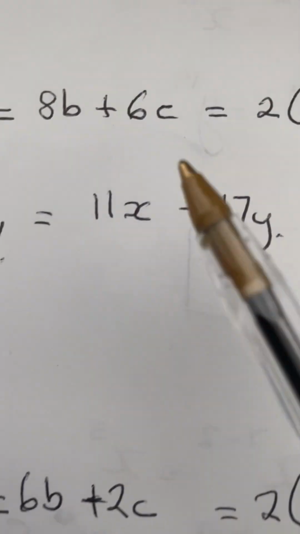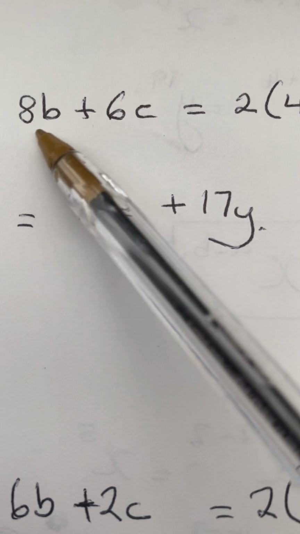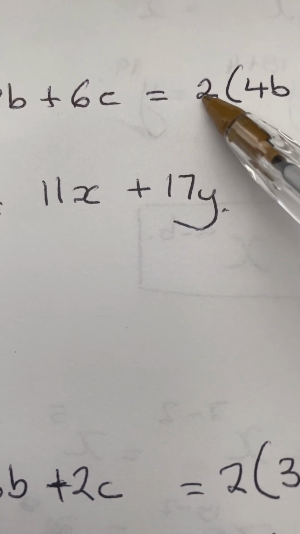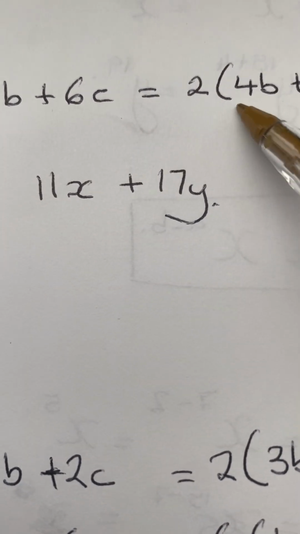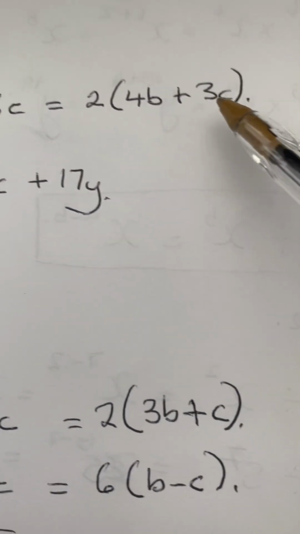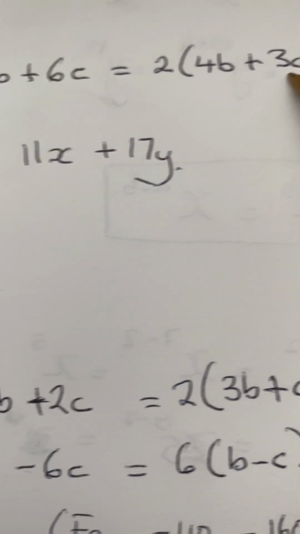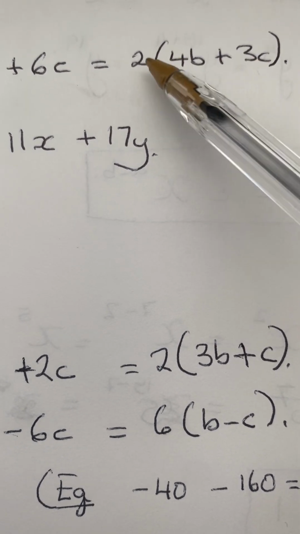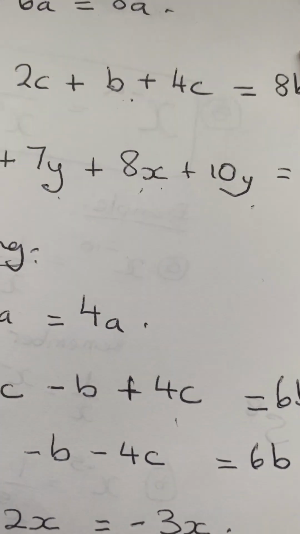Here what we can do is 2 is a common factor, so we can bring 2 out, and then we have 4b add 3c, by introducing the brackets, so that when we multiply back, we go back to this point.